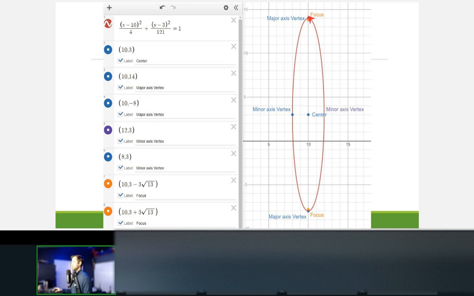But this focal point being so close to the vertices makes you question if it's right or not, which it is. Yeah, it's definitely a very tight squeeze.